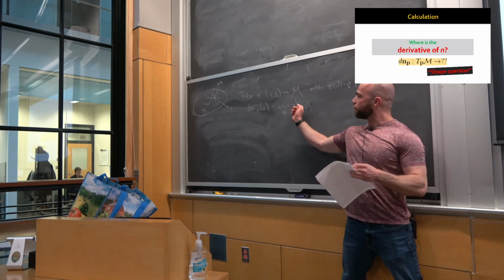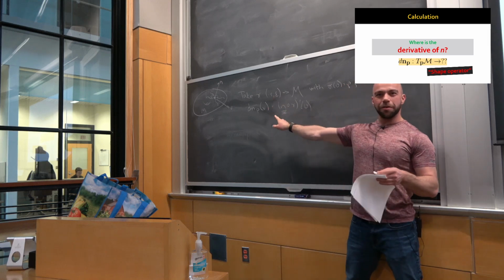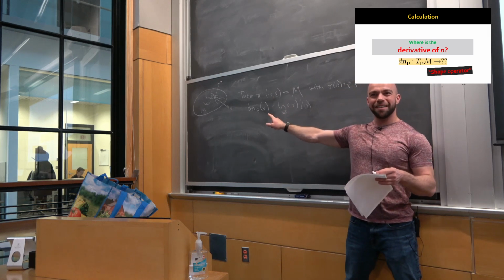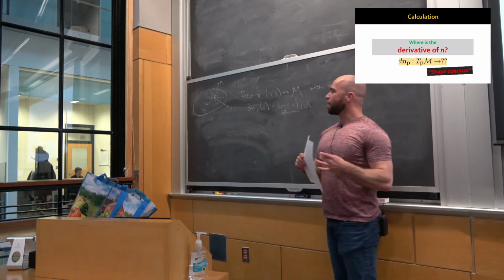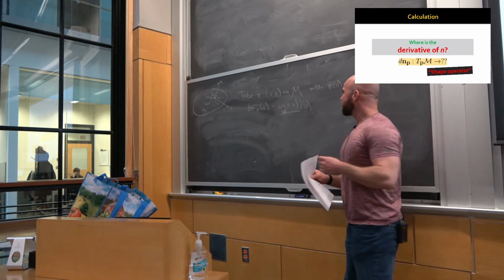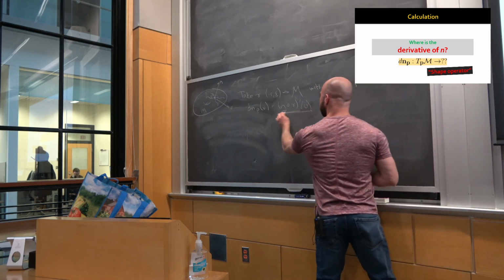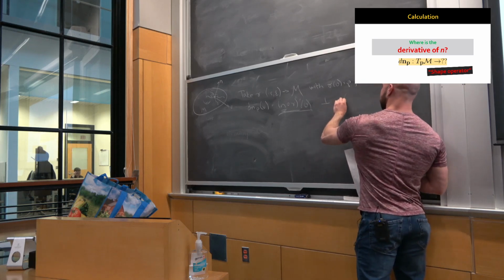So this composed function is a function from this interval into unit vectors. Yeah? So what does that mean? What conclusion can I draw about this derivative? Do you remember? That's right. This derivative here is orthogonal to n at p.